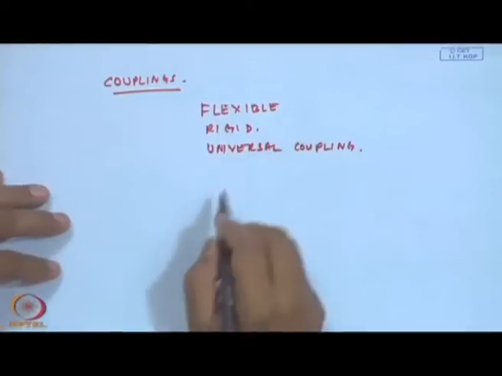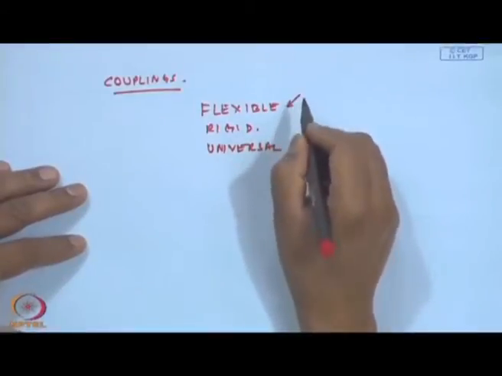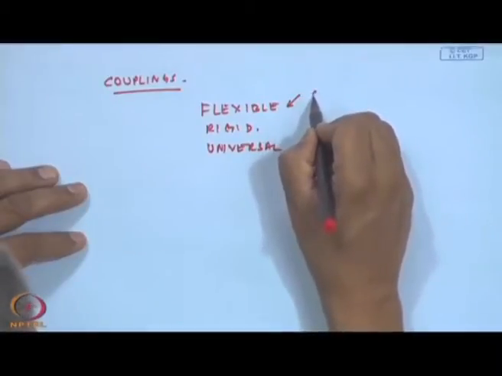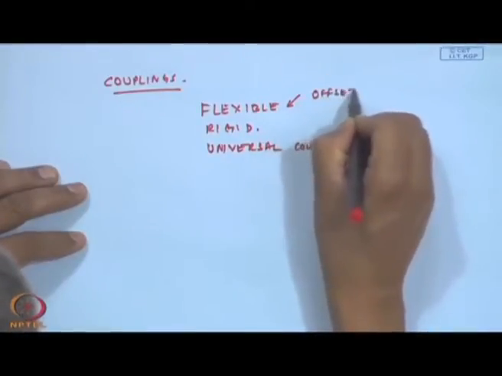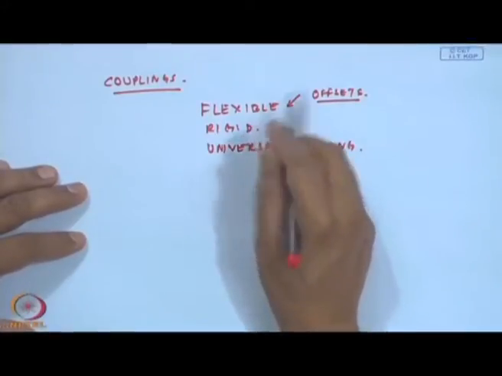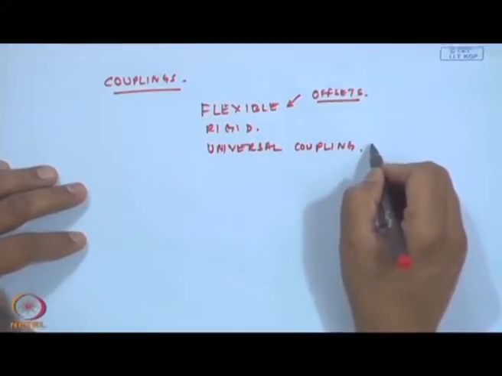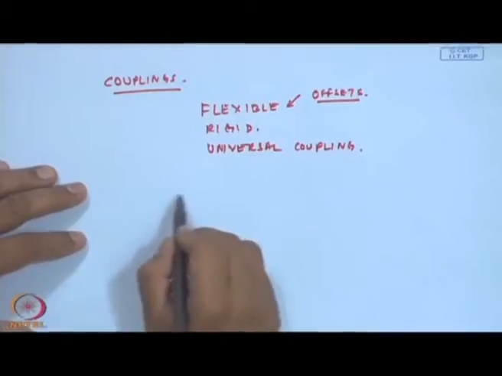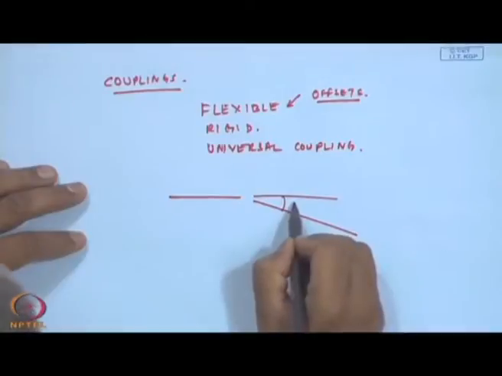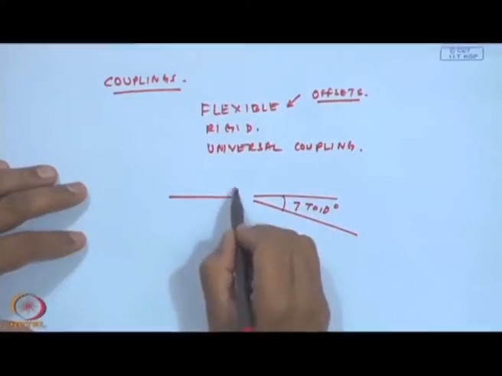In flexible coupling, there are elastomer elements kept, which will accommodate small amounts of offsets. Rigid couplings do not allow per se any offsets, but then there are universal couplings wherein these angles could be as high as 7 to 10 degrees.